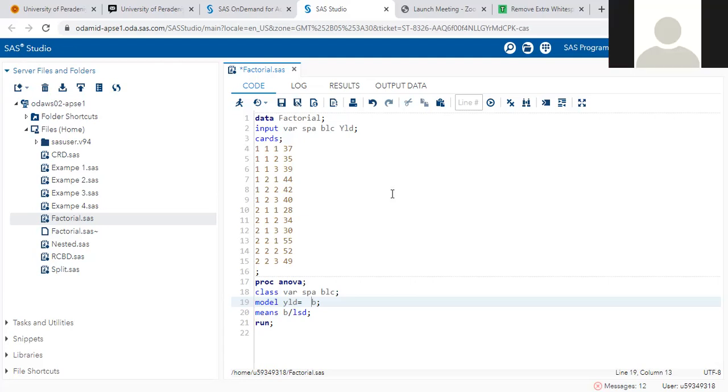Factor A. Yeah, now you'll have to tell in terms of variety, spacing, variety into spacing, block. Good. We can put the block in the front or later, doesn't matter.